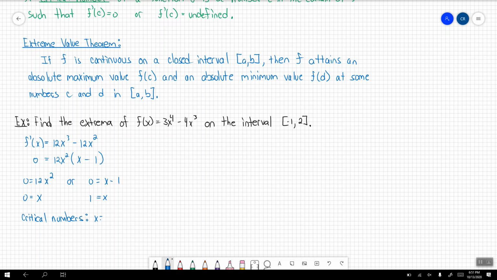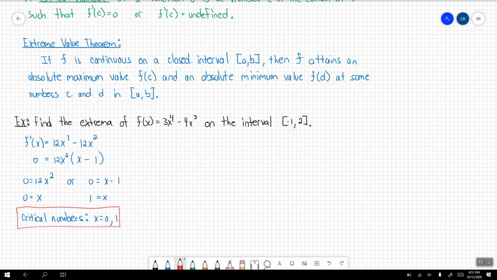So we get x is equal to 0 and x is equal to 1. Awesome. So that's part of our answer in the whole process of finding this extrema. Now what we're going to do is test these critical values in the function.